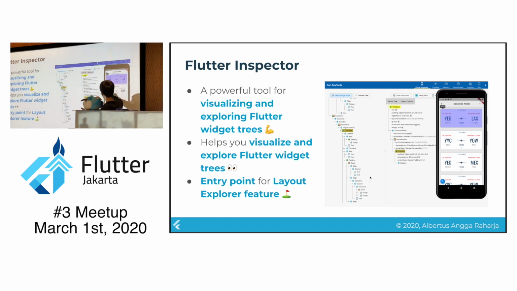You can click on your widget and it will display some information about it, like the padding, the size, the constraints, the margin, and then the child of it. You can see a lot of stuff here. It is very useful. So if you haven't checked it and you have a bit of a problem while developing UI with Flutter, you should try it. It helps you to visualize and explore Flutter widget trees, and it's an entry point for the Layout Explorer feature.